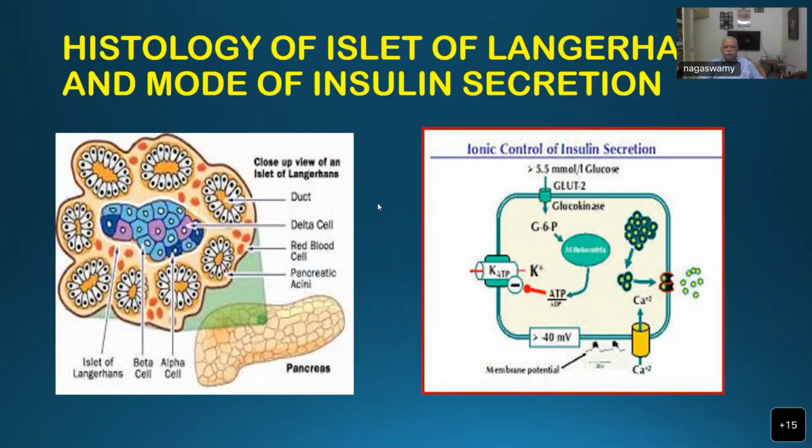And this is the histology of the islet of Langerhans. So you have the delta cells, RBCs, everything. The beta cells are the glucose sensors. Whenever the blood glucose level is high, glucose enters the beta cells through another transporter called GLUT-2. What we saw in the muscle and fat cell is the GLUT-4 transporter, whereas for insulin secretion from the beta cell you require GLUT-2, through which the glucose will enter.